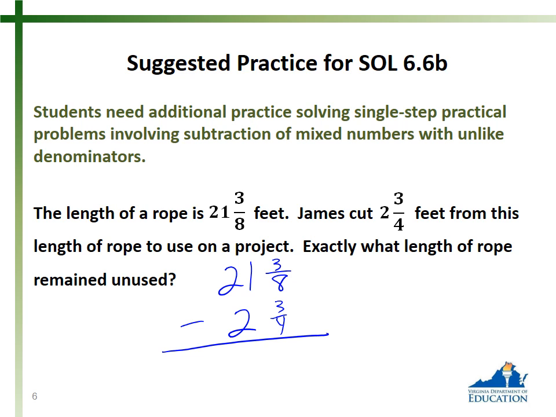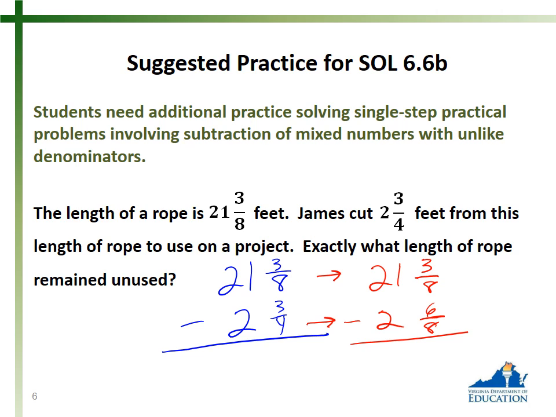Our first step in subtraction is we need to make common denominators. Our common denominator is going to be 8 for both fractions. You can see as I'm showing my work, I'm rewriting these fractions. 21 3/8 stays the same. 3/4 is the same as 6/8.